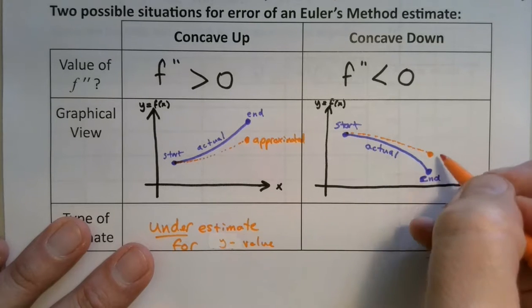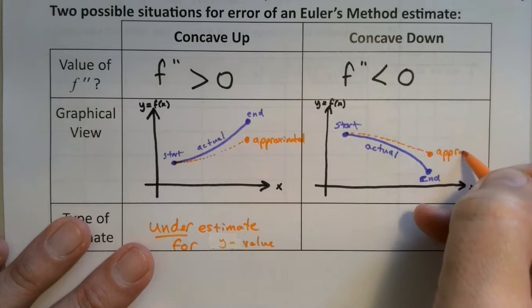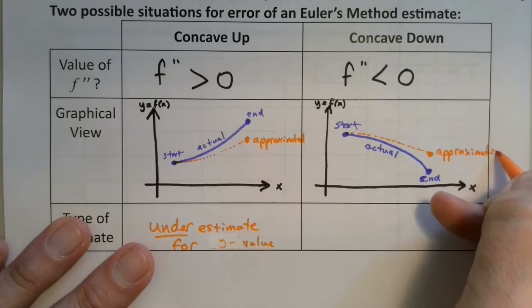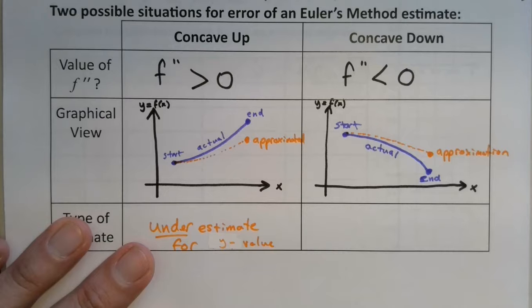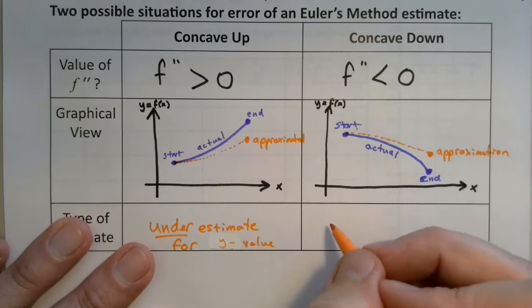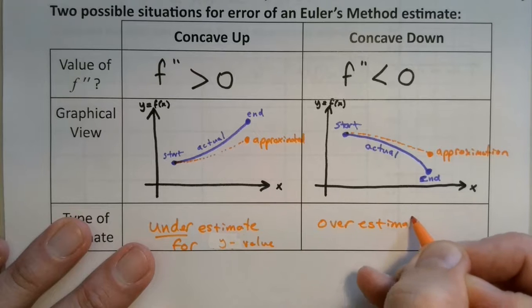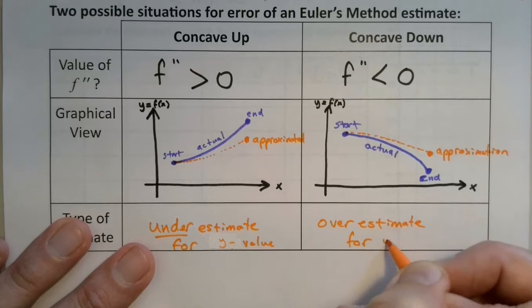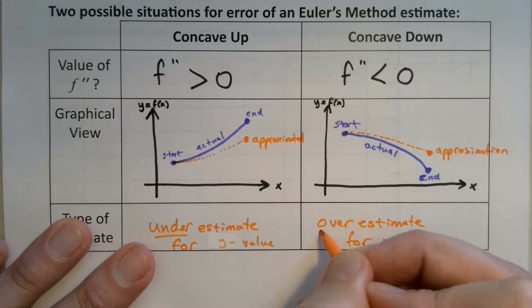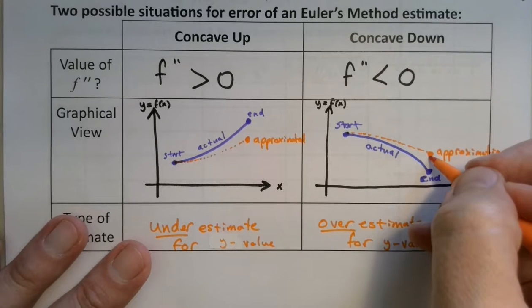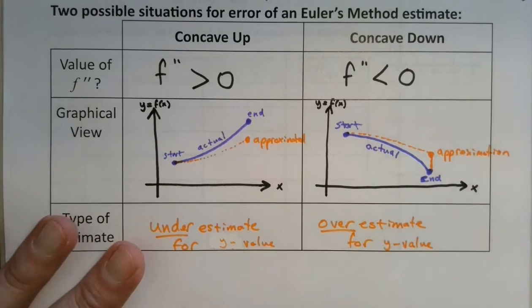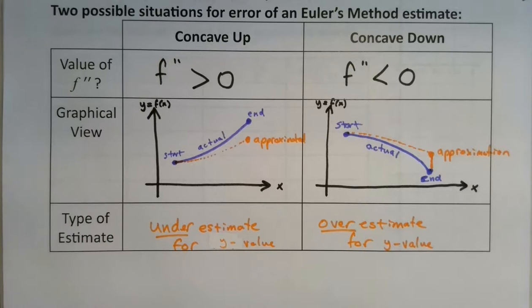And so your approximation, because it's concave down, is always going to be a little bit of an overestimate for the y value. Right? Because this is your error right here. That's the error that you're off by, just by virtue of the fact that the curve itself is not a straight line. There's a concavity to it.